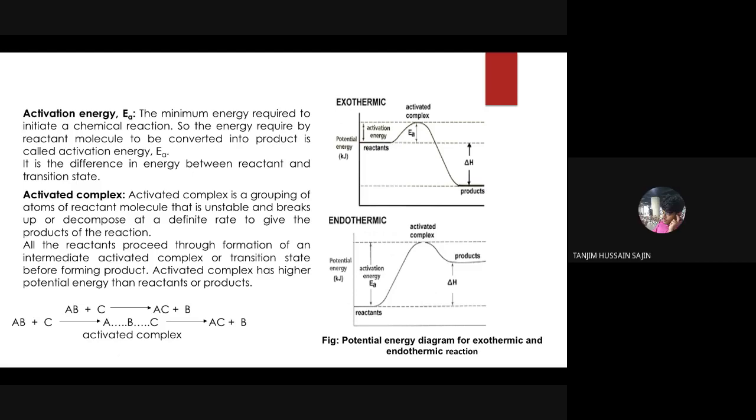Sir, the bonds first broke and formed another bond in the intermediate step, and in the final step they formed a new bond. Okay, so in the activated complex, is there any bond here or not? No, sir, there is no bond. Okay, thank you very much.